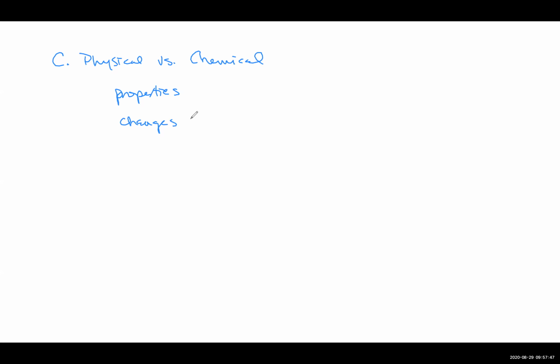If I had an ice cube, which is solid water, and I melt it and turn it into liquid water, what kind of change is that? Is that change a physical change, or a chemical change?